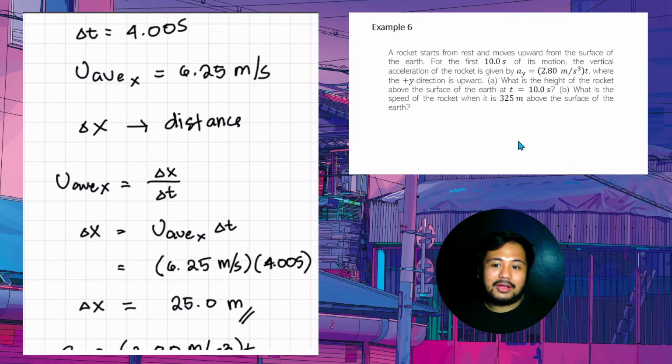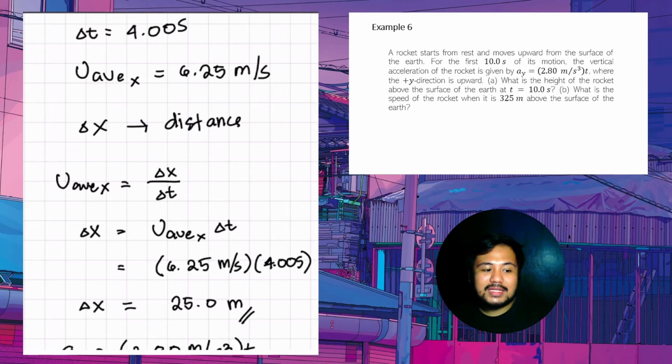A rocket starts from rest and moves upward from the surface of the Earth. For the first 10 seconds of its motion, the vertical acceleration of the rocket is given as 2.80 meters per second cubed times t, so you have an acceleration as a function of time, where the positive y direction is going up.